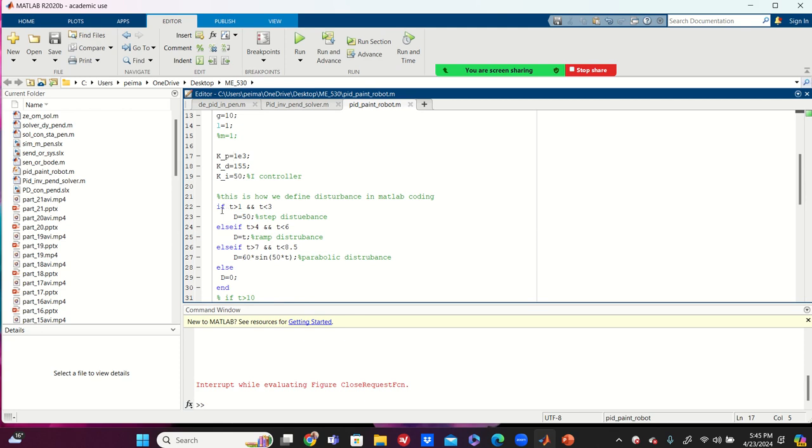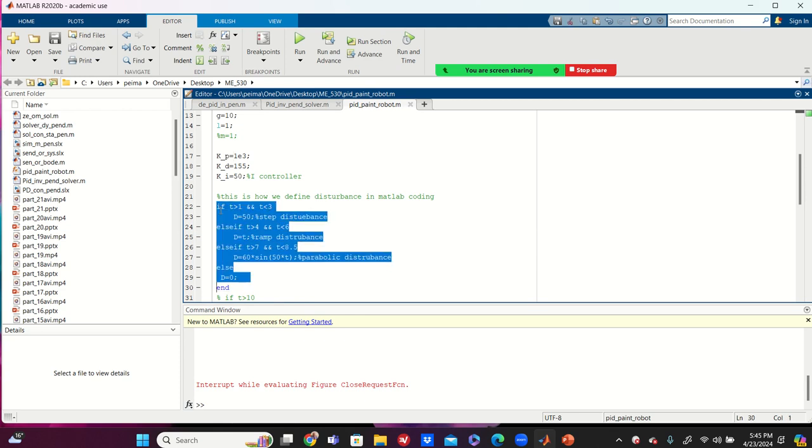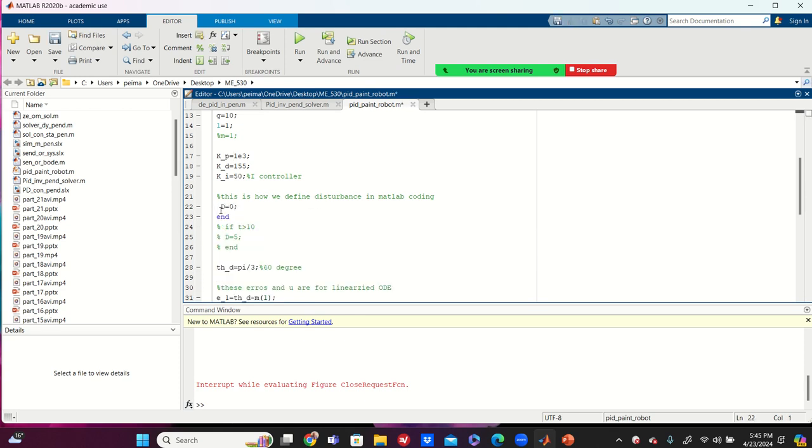The only disturbance you have, I said, is D. So I'm commenting here, guys. D is sine of T. But, I'm sorry, X is sine of T, which is the base motion of the robot.